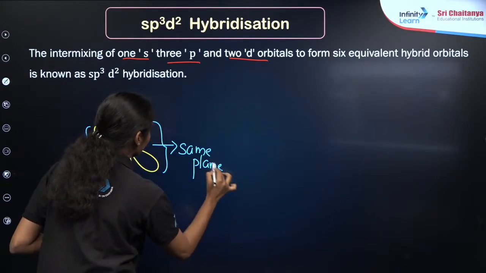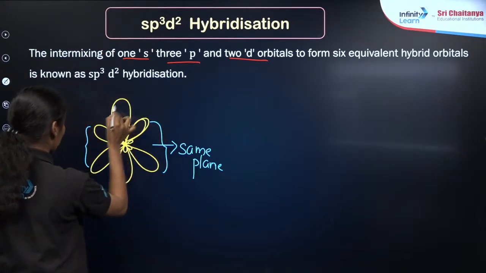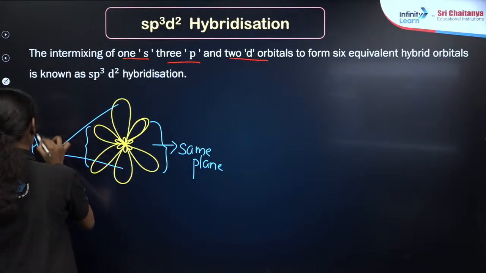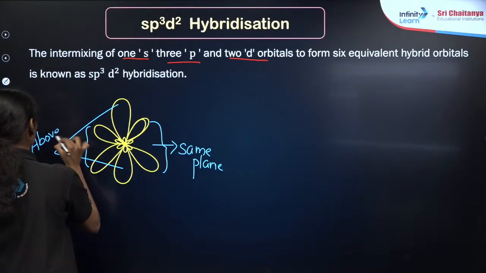Then the other two will be above and below the plane, right? This will be the sp3d2 hybridization.